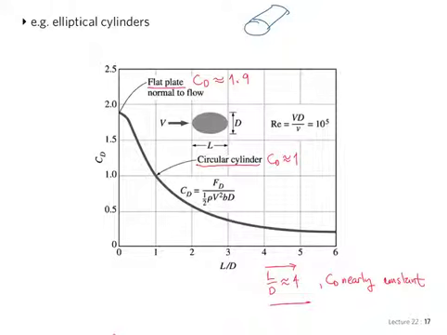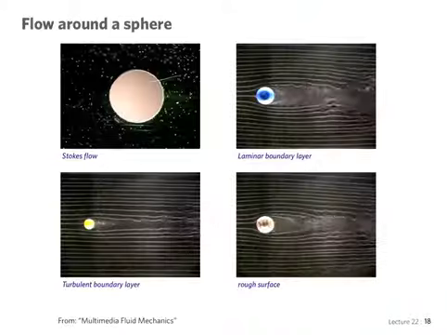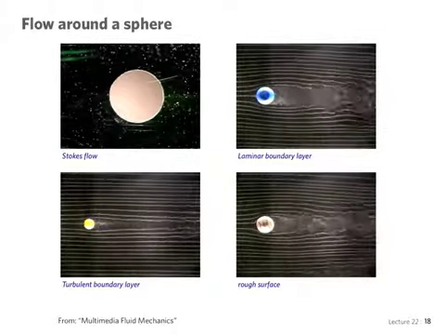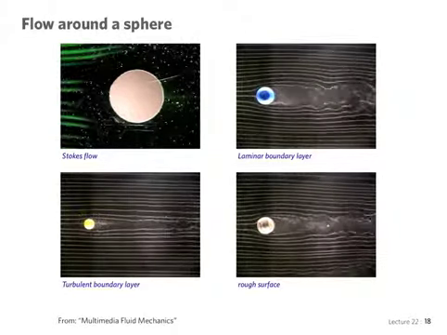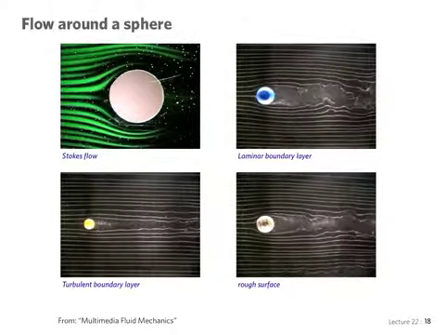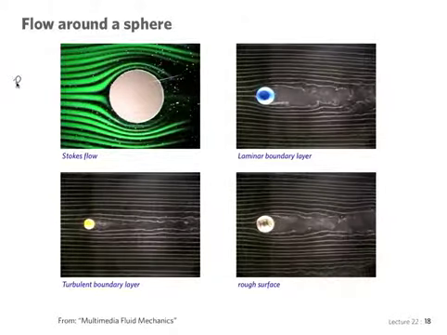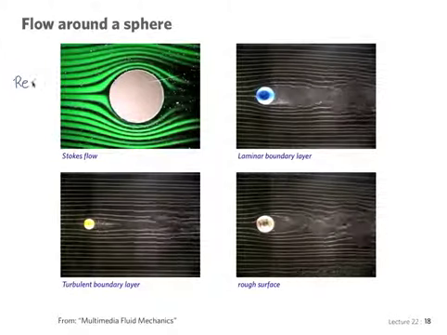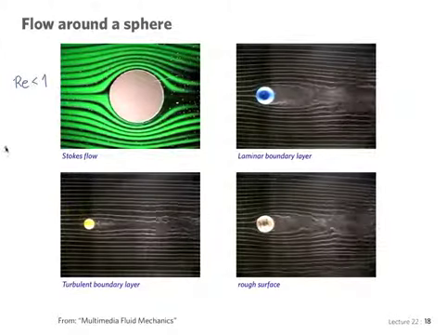Okay, so now let's discuss the flow around a sphere. For the flow around a sphere, we have the following options. For Reynolds number very low, that is the case of Stokes flow that we have already discussed before. We can actually get an analytical result.